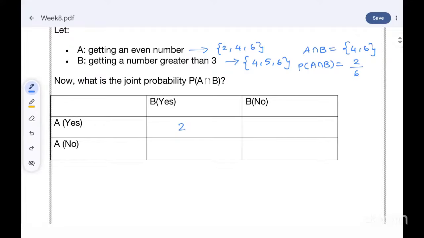So only 2. How many elements? Only 1 element. So here the entries are 4 and 6, and here the entry is just 2. Can you say what the entry is here, which is in B but not in A? It should not be in A.